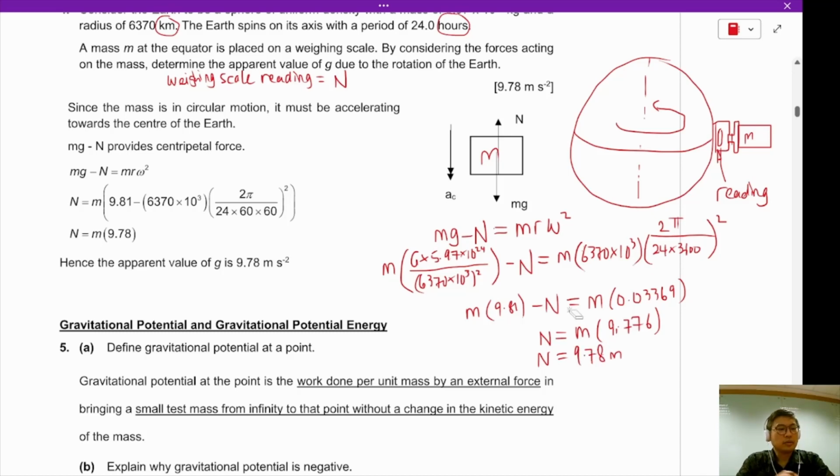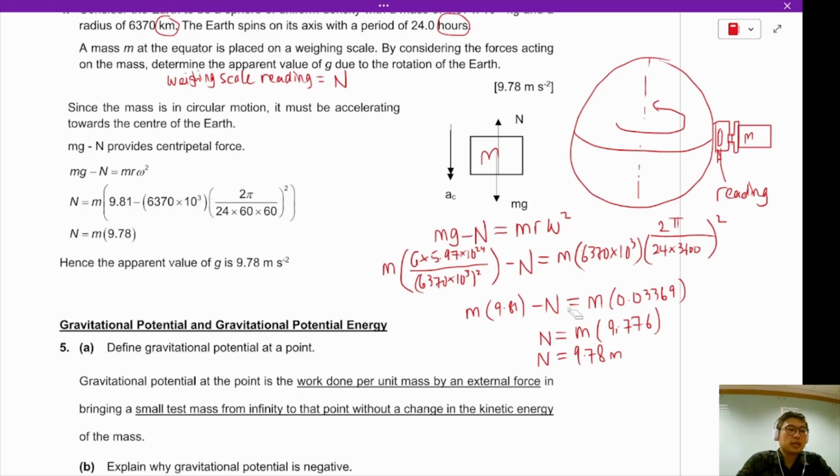Okay, so hence the apparent value of g will be 9.78, because when you put an object on the weighing scale, it doesn't read 9.81 times the mass, it reads 9.78 times the mass. So the apparent value of g will be 9.78.